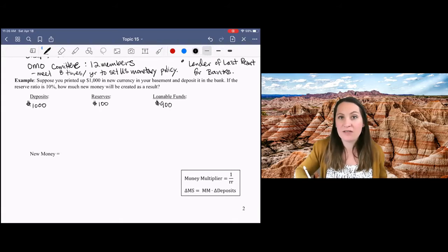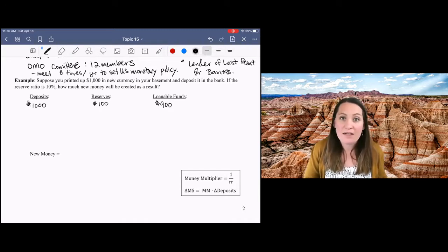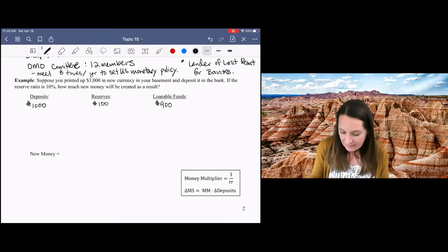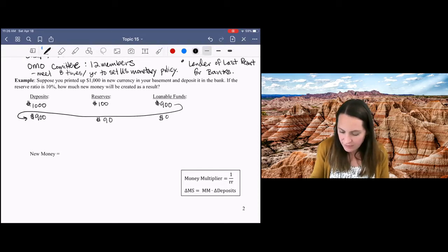So suppose Larry goes out and buys his new car and pays the guy $900. That person now has $900 in additional income, which they will likely either spend or put in the bank. Eventually, this $900 ends up being deposited back into the bank. The bank, again, will hold 10% of it and loan out the remainder to someone else.